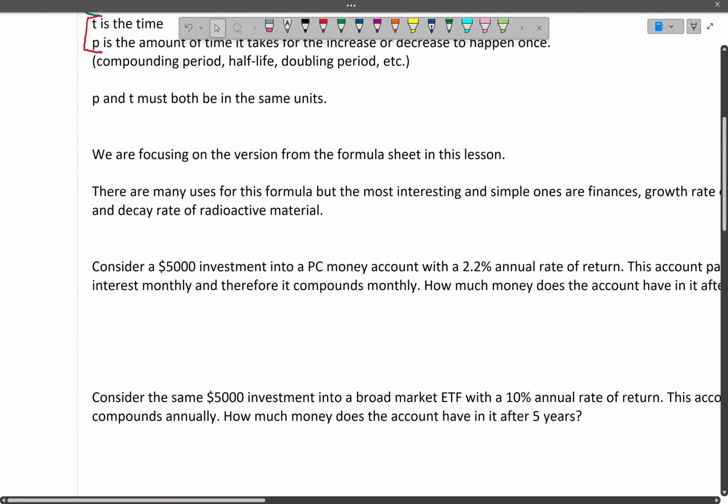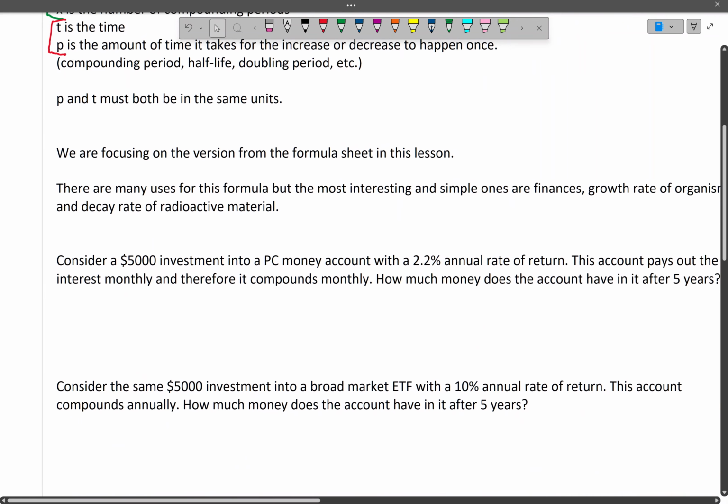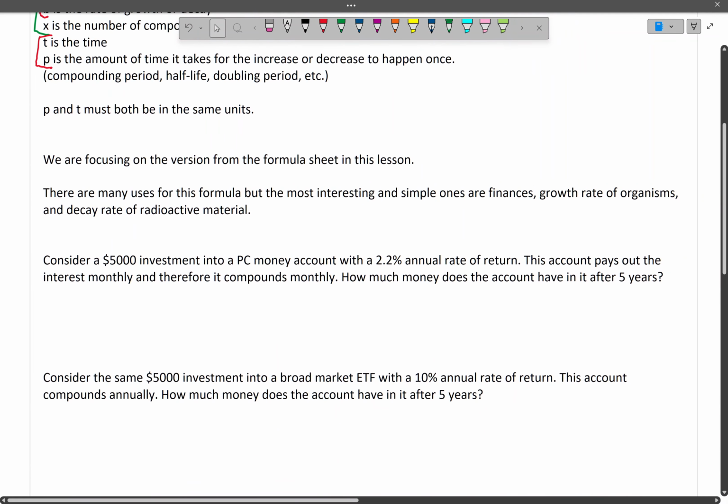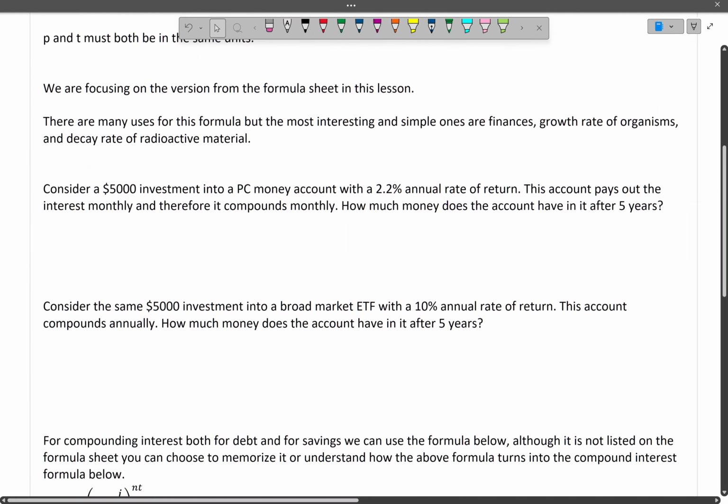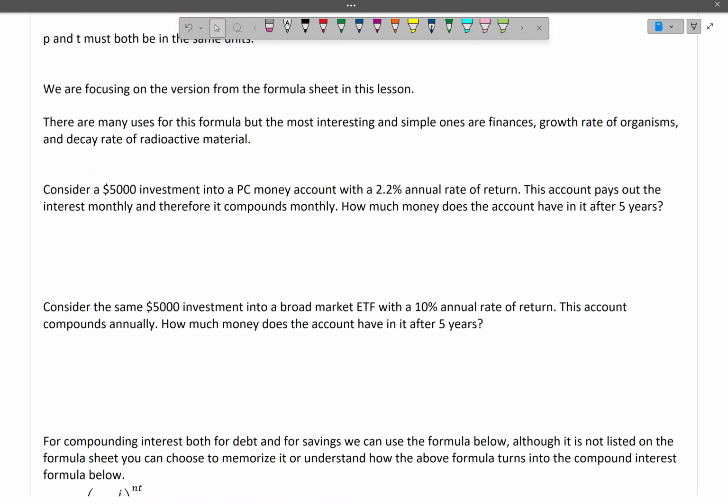There are many different formulas that we can use. The simple ones that we are going to look at mostly are going to be finance, growth rate of organisms, and decay rate of radioactive material. But those are just some examples of what you could use these for. And they're all a little bit different, a little bit interesting. The finances are probably the ones that are going to help the majority of people.